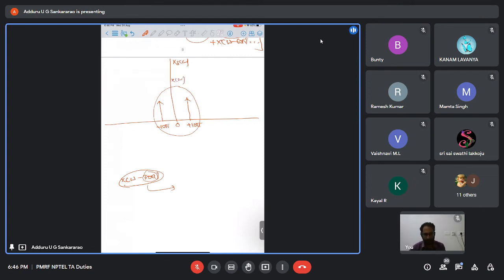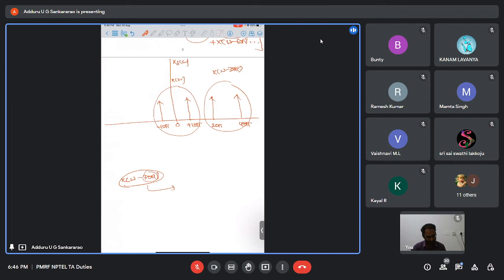Now we shift it by 30 pi. If you shift it, you will get impulses at 20 pi and at 40 pi. It is shifted like this. So this is X of omega minus 30 pi.